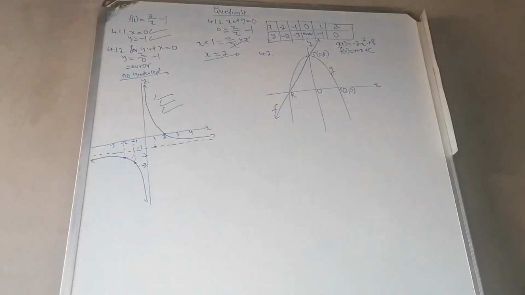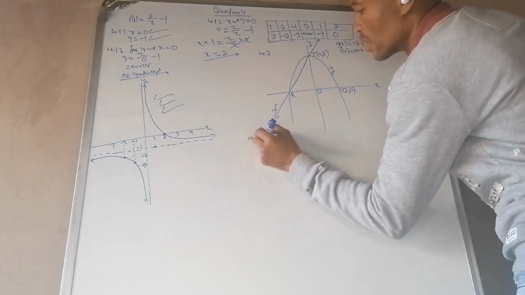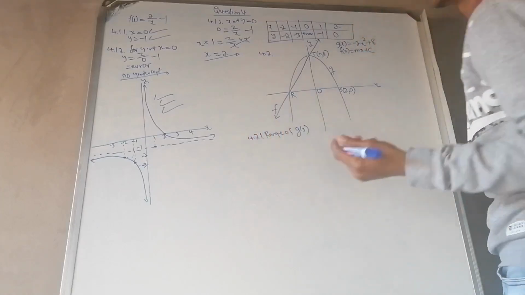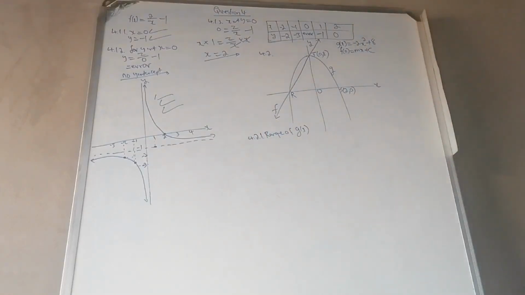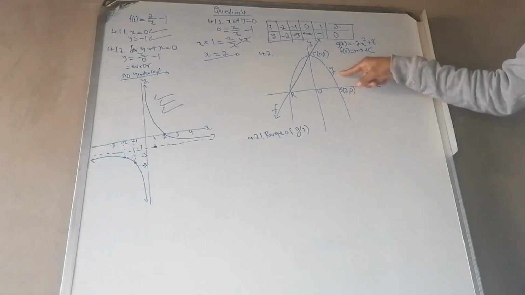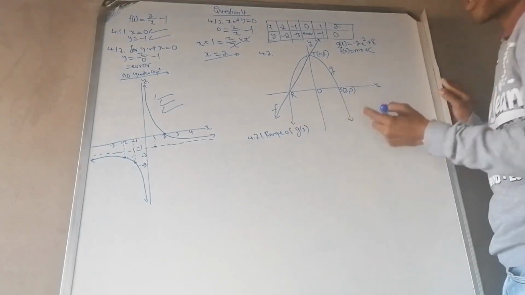Right, write down the range of g. 1 mark. 4.2.1. Range of g of x. And I know that the range are the values of y. Now, g of x is a parabola. I can see that my graph continues going down.